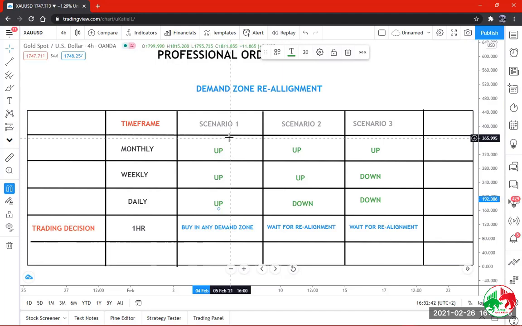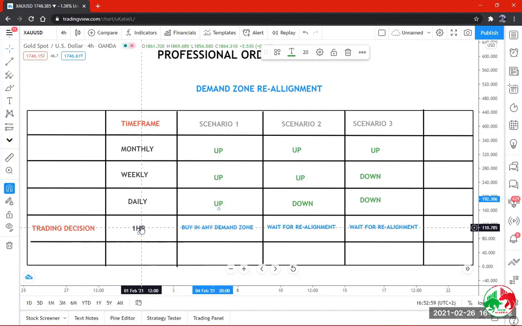That's called alignment. Then after you are done looking at the previous daily candle, you'll go to your 1 hour. That's where you find your entry.